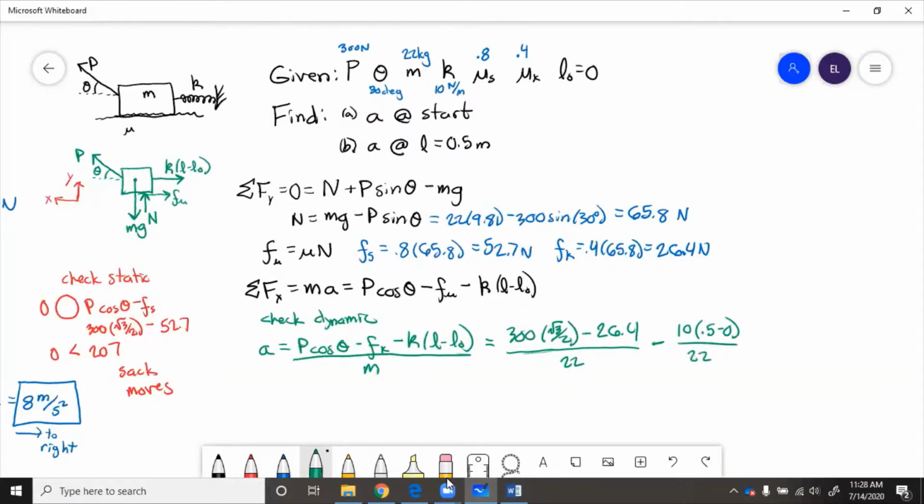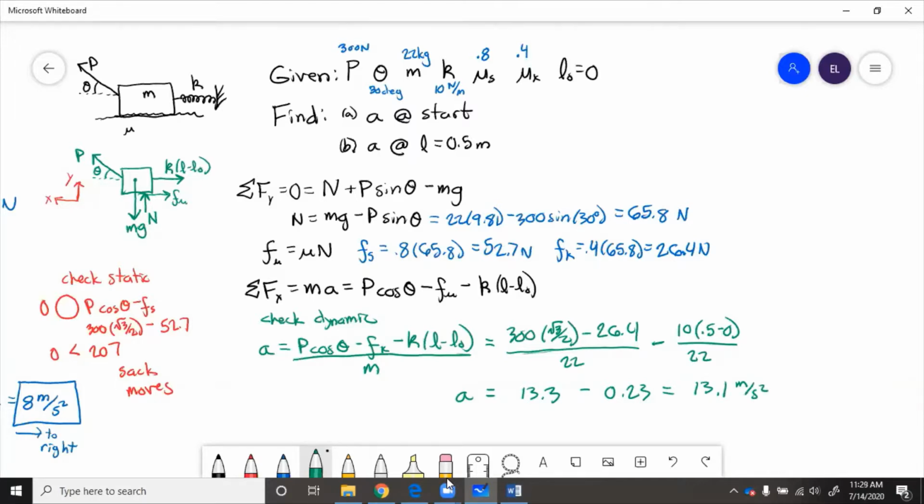So I split it up into two parts because it asks for acceleration at the start and then after the stretch. So this first part will be acceleration after the start, and then if we include the second part, is acceleration after the stretch. So here we'll have A equals, this is 13.3 minus 0.23, which equals 13.1 meters per second squared.